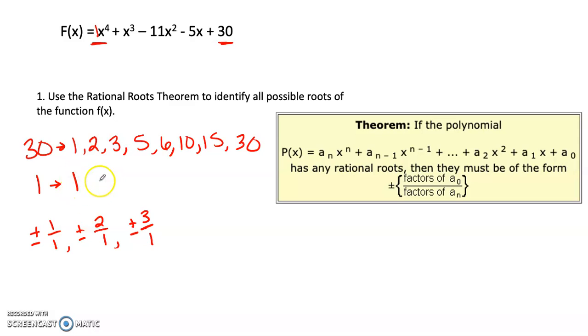If we had other factors down here, we would have to do plus minus 1 over 1, plus minus the other factor, plus minus 2 over 1, plus minus the other factor, and we would keep going. Basically, this would simplify to plus or minus 1, plus or minus 2. Because everything is over 1, we can just say it's plus or minus all of the factors of 30.